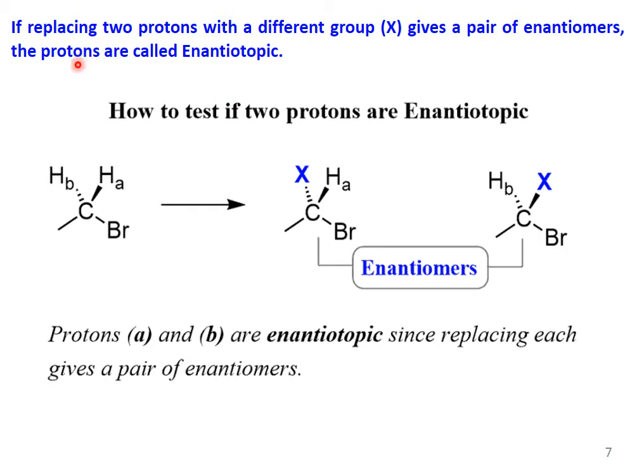Let's say this is HA, this is HB. When you replace HB with X and HA with X, now you can build a relationship between the two products which are obtained. You can see that both products are mirror images but non-superimposable.